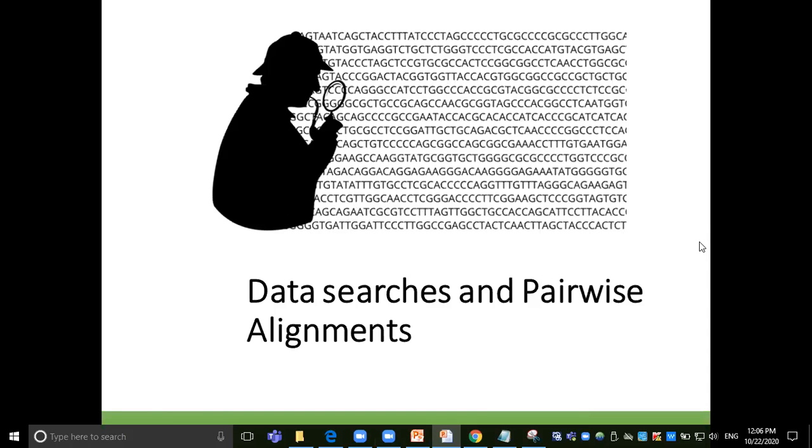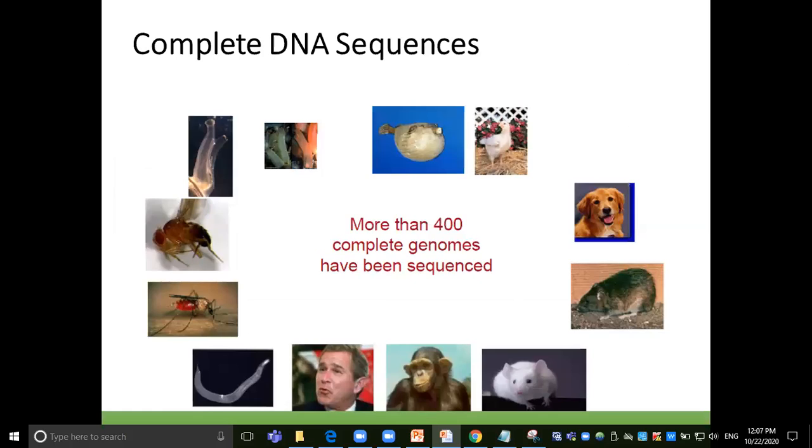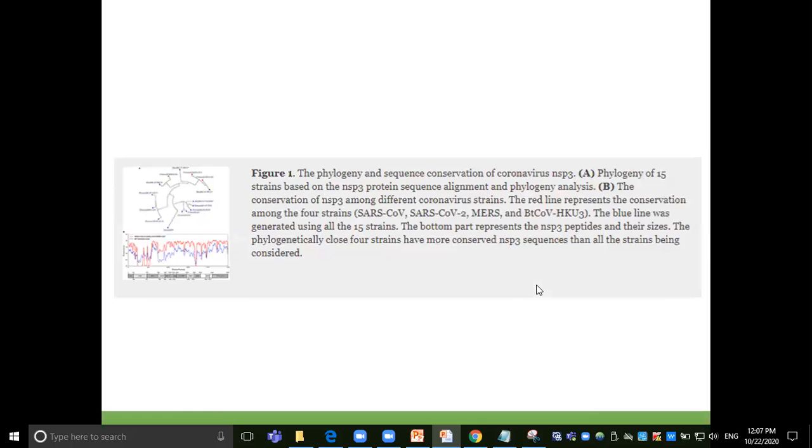So that's called alignment. We try to align the similar regions of one sequence to the other, trying to find out similar regions. This is very important to find out phylogeny.